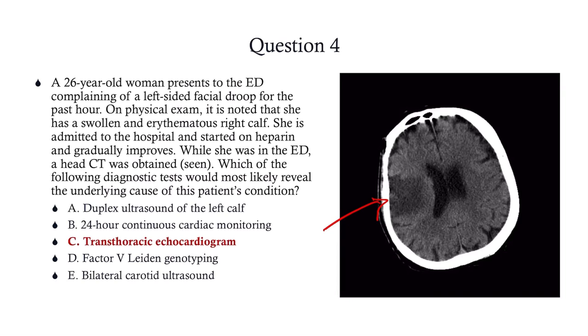We don't know about it in this patient because often on the USMLE, they're not going to give you the dead giveaway. But you need to know that if a young person has a stroke and they have a DVT, the likely explanation almost certainly is going to be a patent foramen ovale.